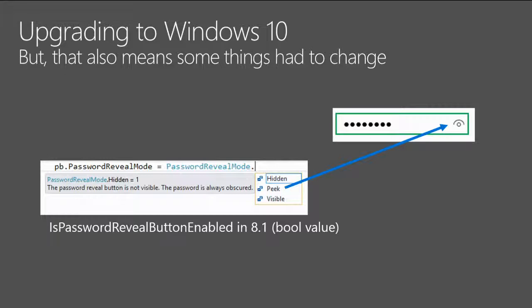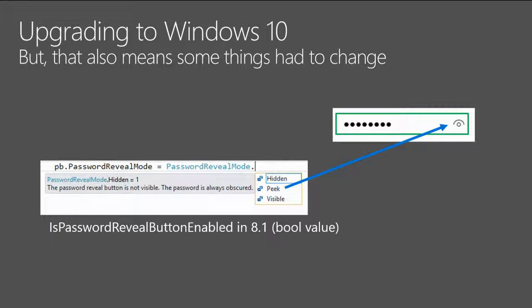In the password box, the approach that we took was, you can see that we retained the Windows 8.1 desktop look and feel, updated it a little bit, and in order for phone apps to still get the behavior that was already there, we added some new APIs. By default, we are going to have the password reveal button hidden.